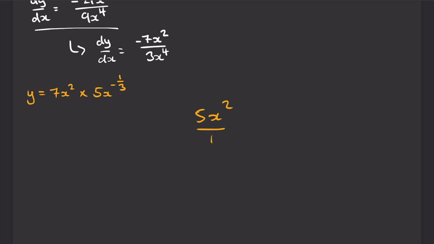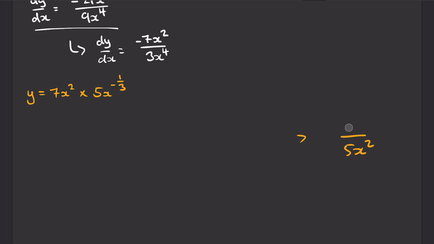If we had 5x to the negative 2, this basically means that in order to make this positive, we need to do the reciprocal of the entire thing. So this is also identical to 1 over 5x squared. They mean the exact same thing, because in order to make the negative power positive, you need to take the reciprocal.